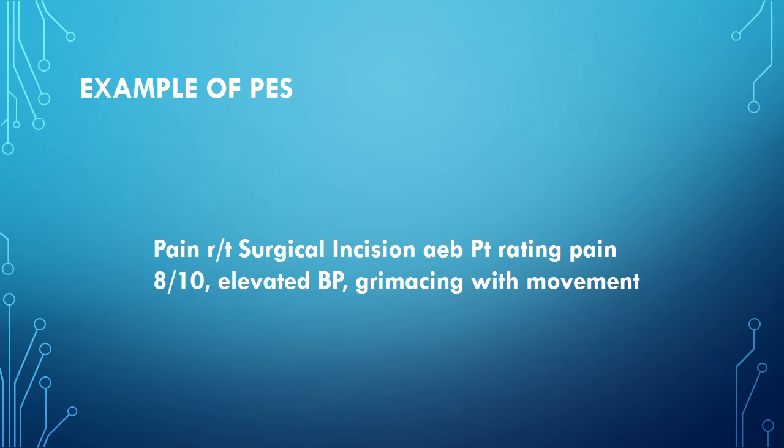When you see AEB, you expect the next thing you're going to see in that statement are defining characteristics. So in this case, for pain, we have some subjective information and we have some objective information. The patient rating their pain 8 out of 10, that is a subjective finding. But this is further validated by an elevated blood pressure and grimacing with movement.